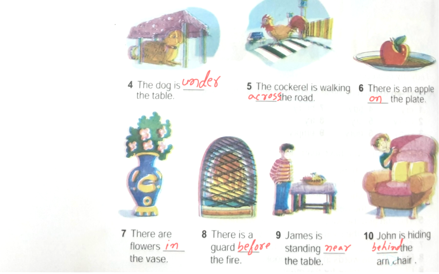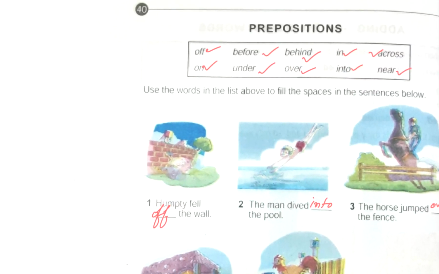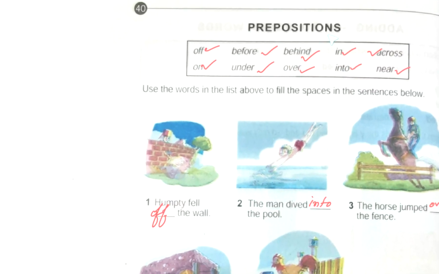We use the word behind at or towards the back of somebody or something, and often hidden by it or them. So I think you have understood this thing, the topic is prepositions, and we have done page number 40.